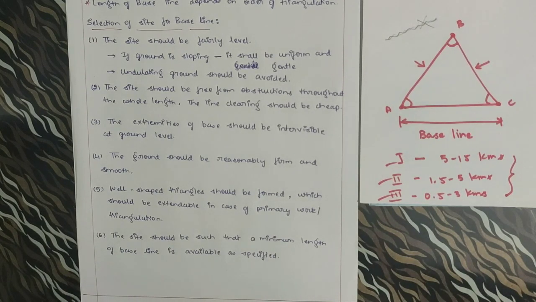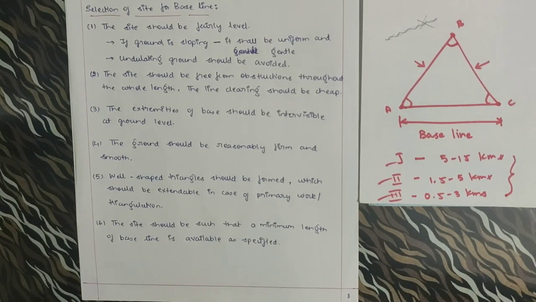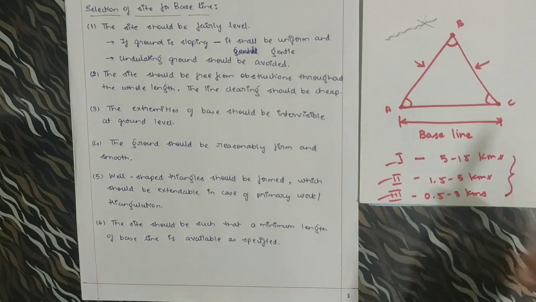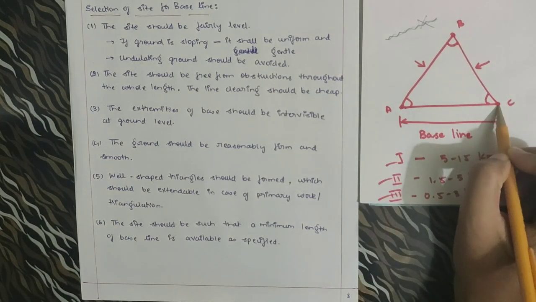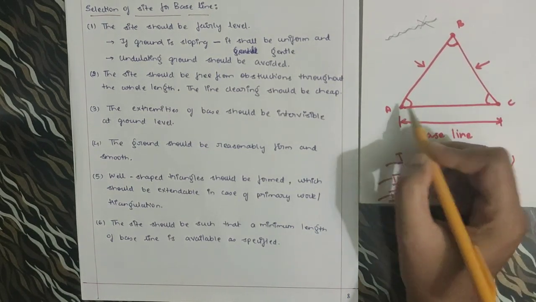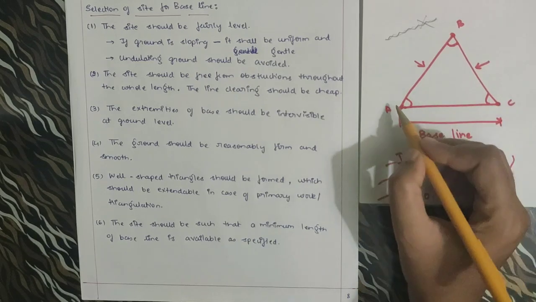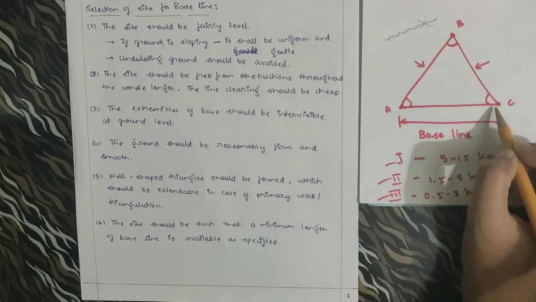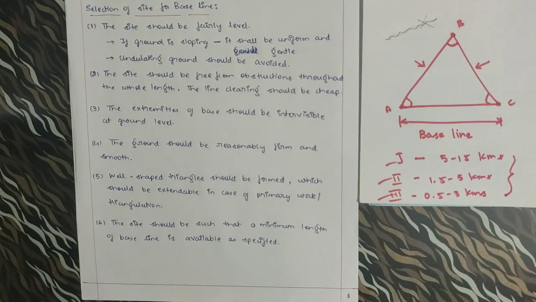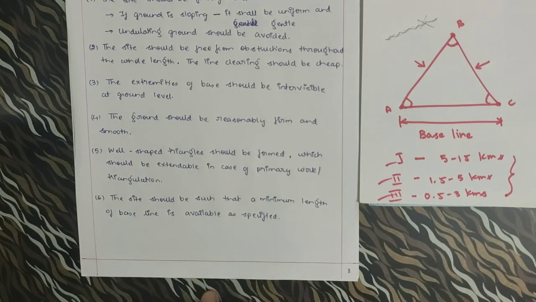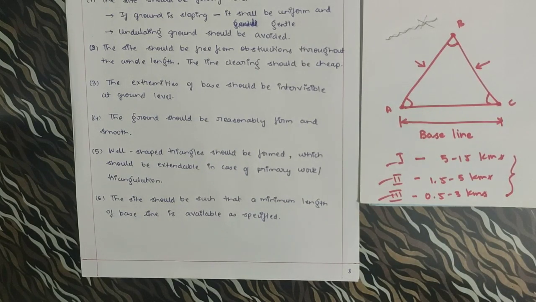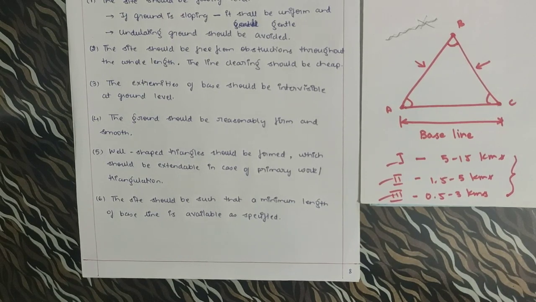The extremities of the base should be intervisible at the ground level. For the site selection of the baseline, the extremities of the base should be intervisible at the ground level itself. Then the fifth point is that well-shaped triangles should be formed, which should be extendable in case of primary work or triangulation.